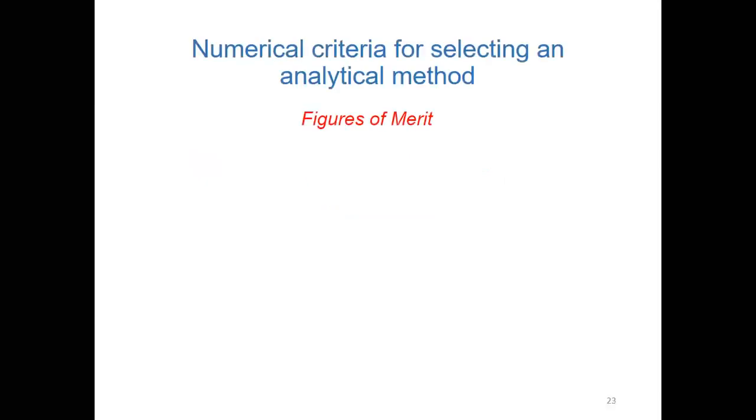Especially the time and cost, all these things we should pay attention to as an analytical chemist when we select an instrument. Now let's see what we should consider before selecting an instrument system.